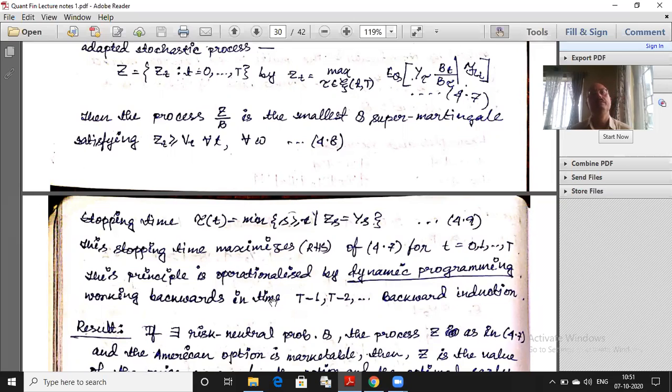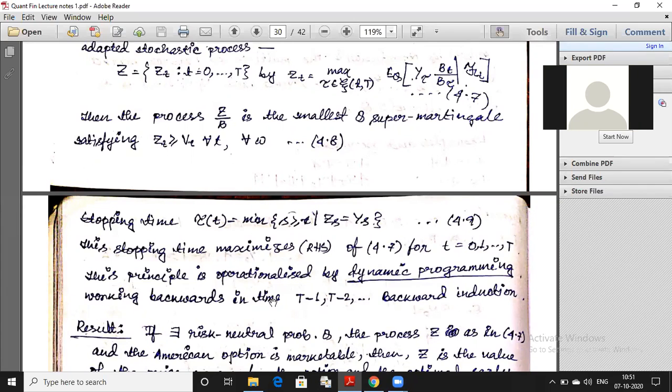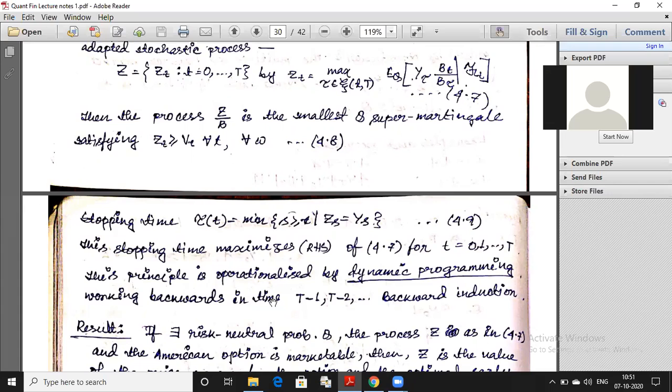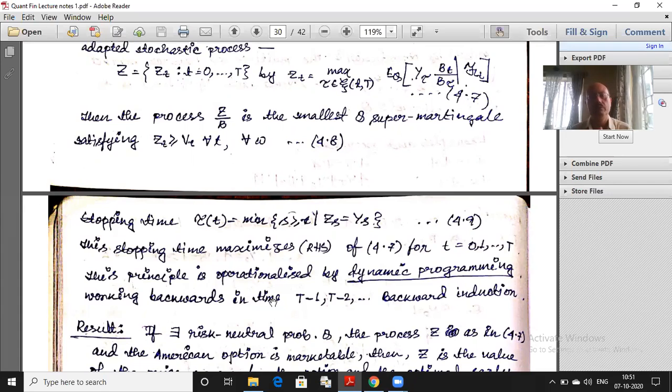So any such optimization problem which spans over a time interval is a dynamic programming problem, and usually they are solved by working backwards using the backward induction principle. Is this clear? Because dynamic programming may not be familiar to you, so I'm not going into any details, just giving you the conceptual idea.